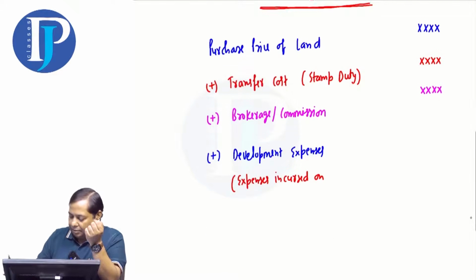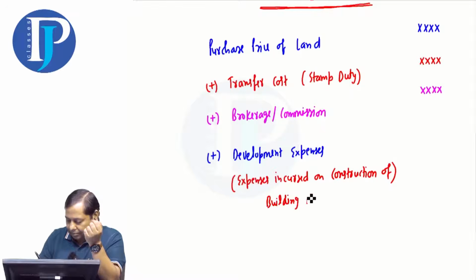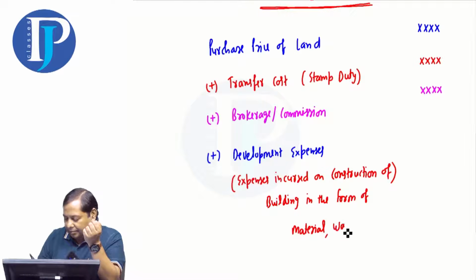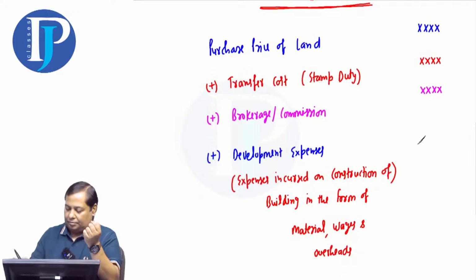Expenses incurred on construction or building in the form of material and wages and overheads. And this will be the total cost.